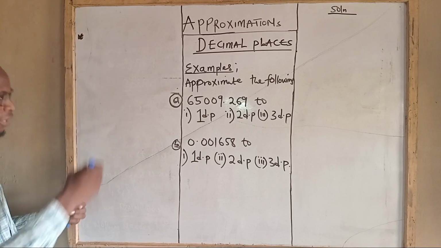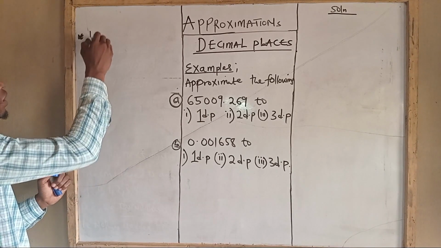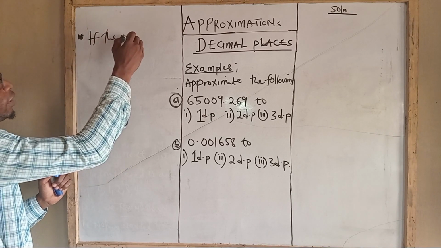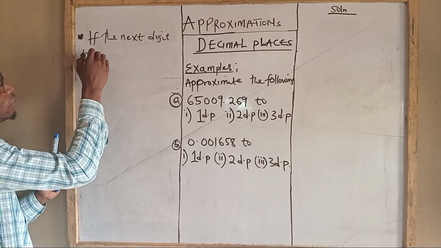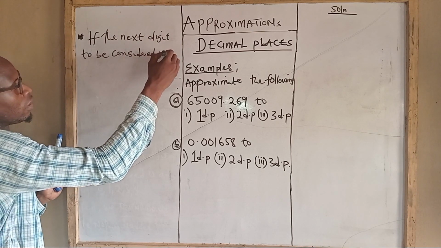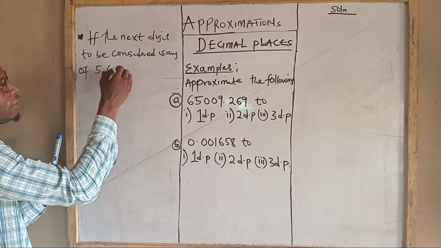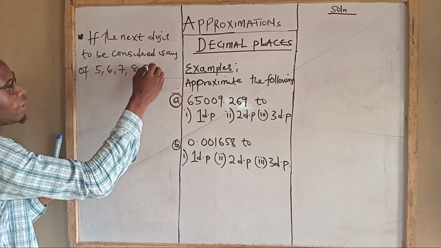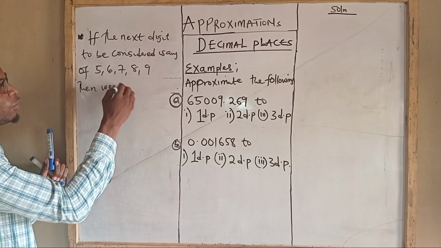The first term states: if the next digit to be considered is any of 5, 6, 7, 8, and 9, then we round up.